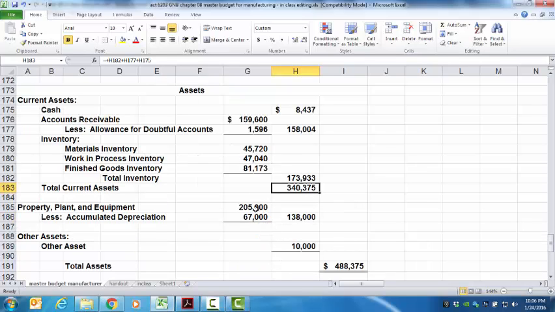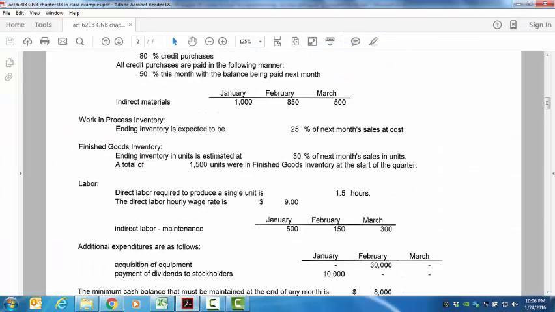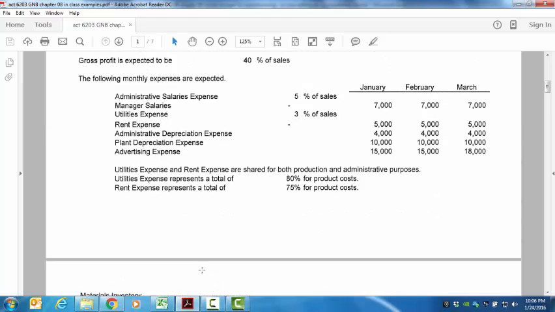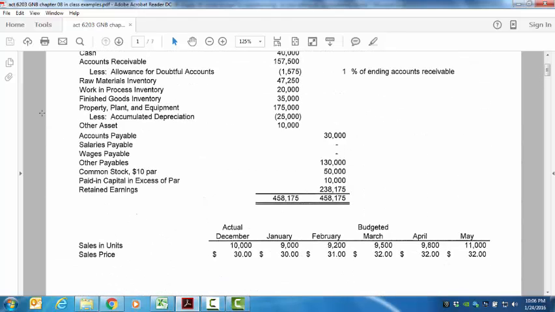When we get to the property, plant, and equipment and the accumulated depreciation thereof, we do need to make some changes. Let's see what we started with. If I go back to my problem sheet, we started with $175,000 and $25,000 respectively on the equipment and depreciation.